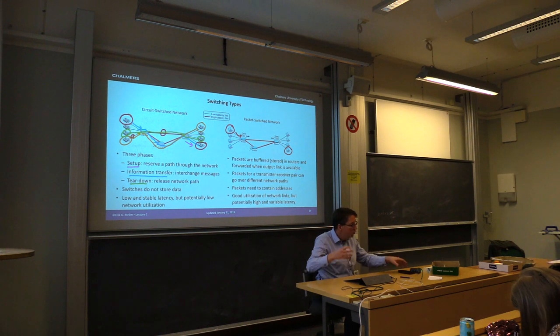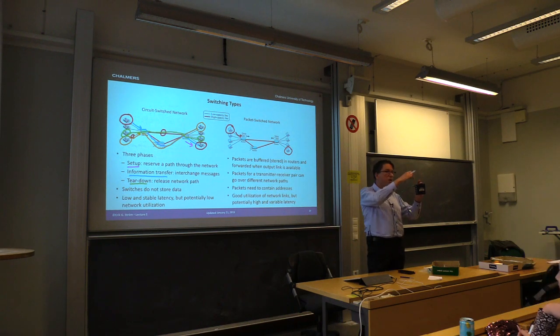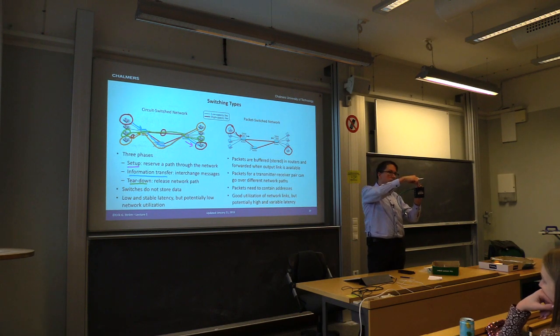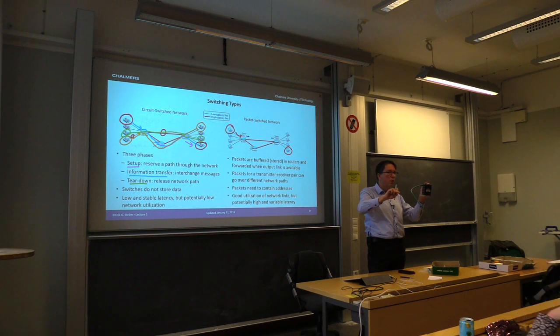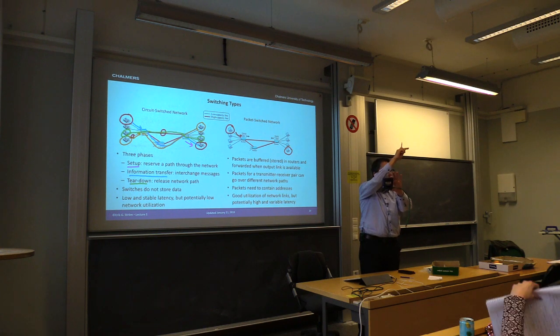Suppose this was a router. Then a packet comes in here and is stored here until it's time to send it further, right out another port. And then it goes to the router on the other side. It comes in here and is stored, and it figures out where to send it next. Maybe it's out through the top port here.